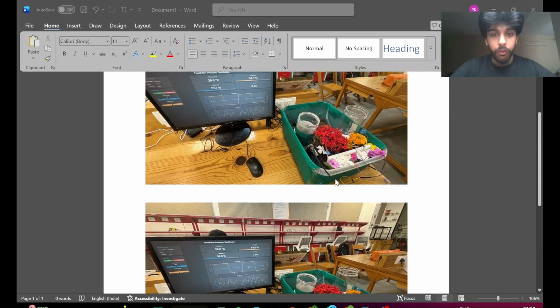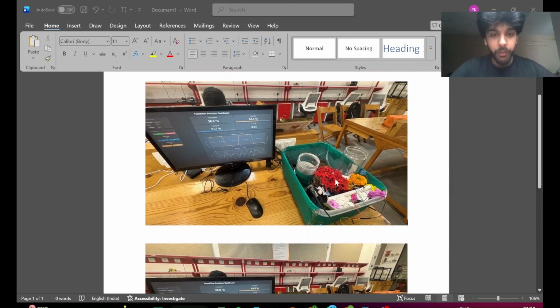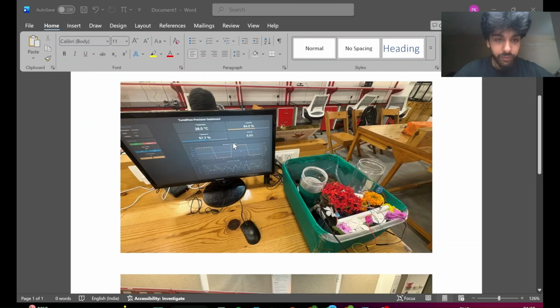Also, one more point was about the threading, how I have used the threading function. In the threading function, you may see that I'm continuously getting my graph, continuously updating my graph, and continuously fetching those readings to my Raspberry Pi.